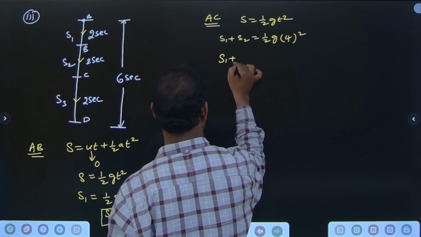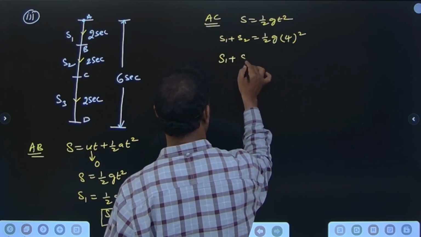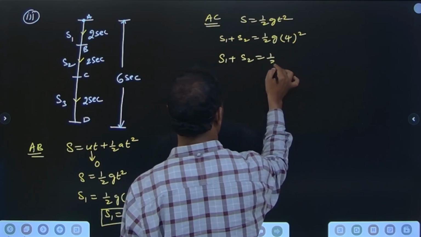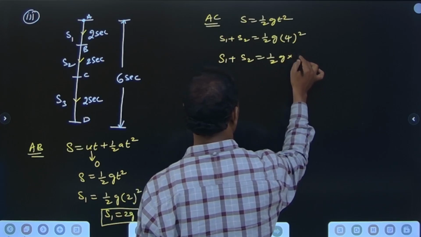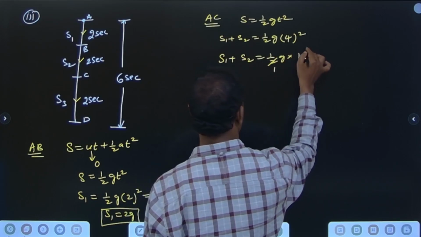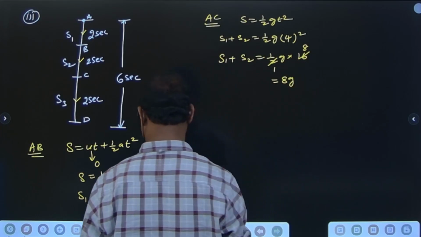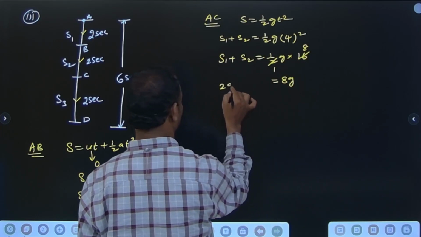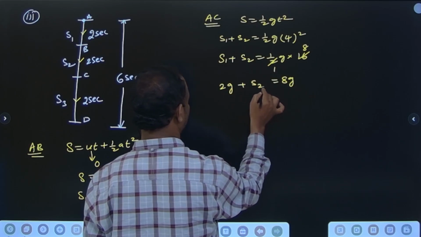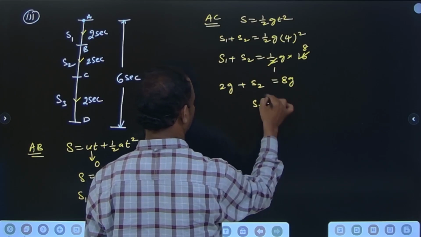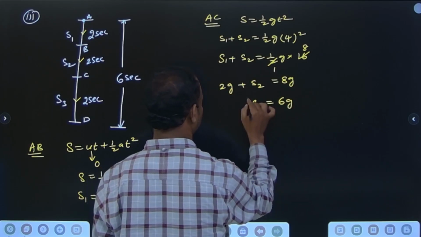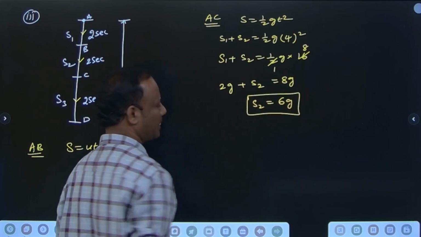So S2 is equal to half g. 4 square means 16. 2 eights are 16. What is the answer? 8g. So what is S1? S1 is 2g plus S2. S2 is equal to 6g. This is S2. Yes.